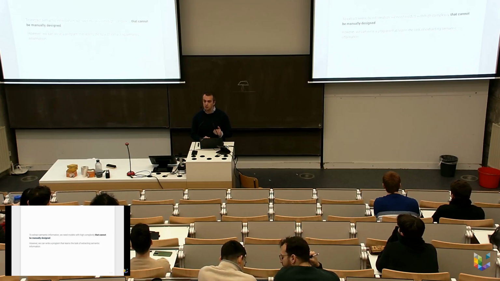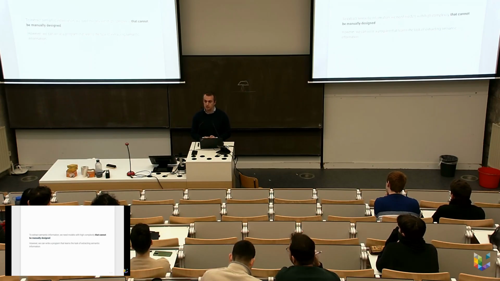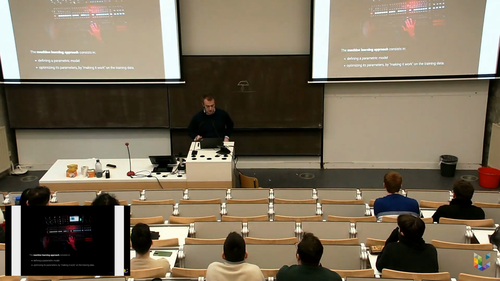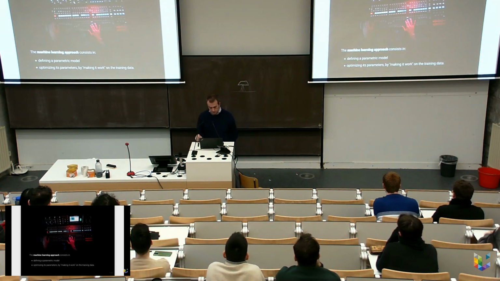And to do that, we can indeed, for example, start from a data set, a collection of images in which we know there is a cat, in which we know there is a dog, in which we know there is a muffin, okay? And then just train this model, adjust its parameters, such that eventually it makes correct predictions on these images. Okay, and this is what we call the machine learning approach.